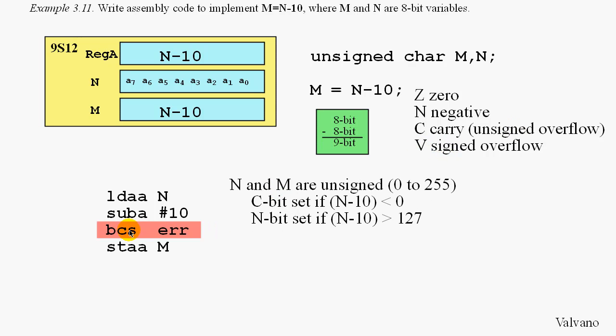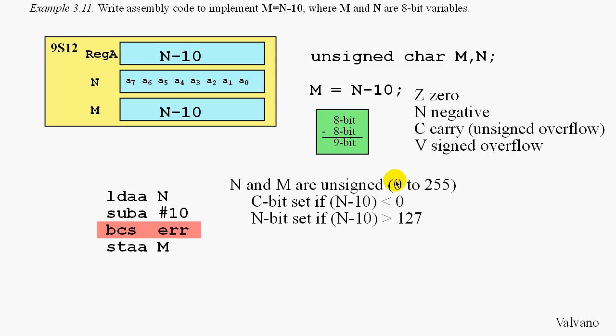When we develop assembly language, it's important for us to know whether the numbers are signed or unsigned. If m and n are unsigned, they exist in the range of 0 to 255, and after the subtract instruction, the C bit will be set on an overflow or an unsigned error, or in particular will be set if n minus 10 happens to be negative.